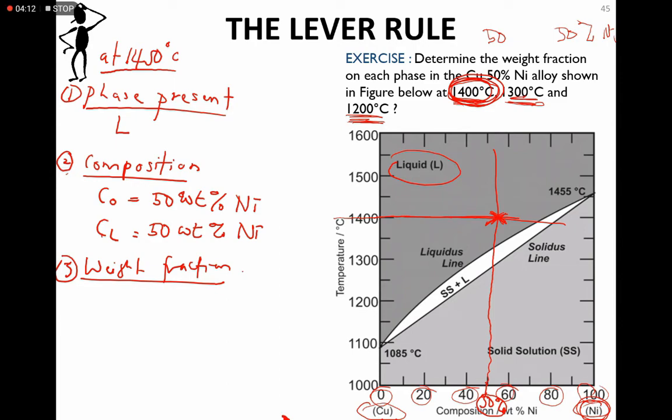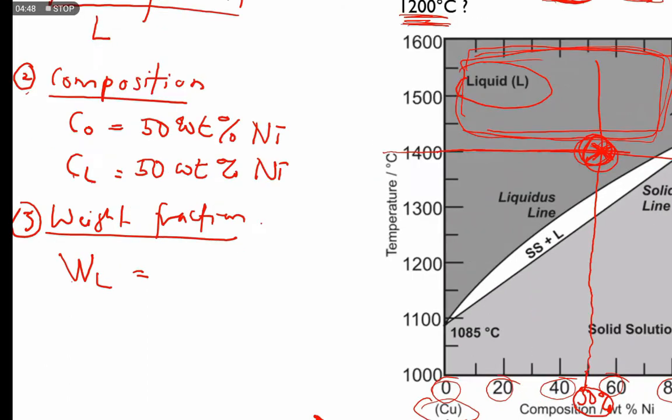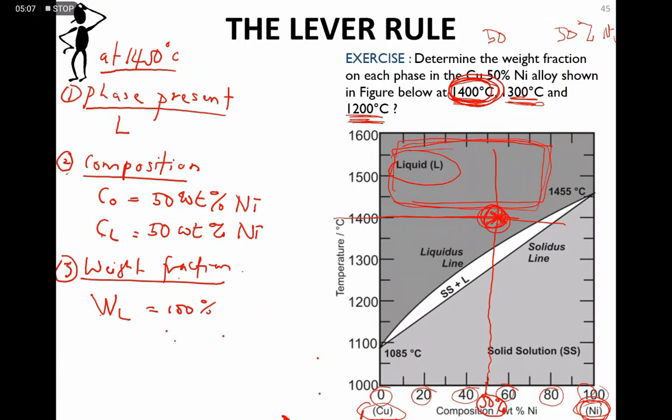And then you can find the weight fraction. So, liquid in this region. How much percent liquid in this region? So, WL, weight fraction of liquid. Your answer is 100%.